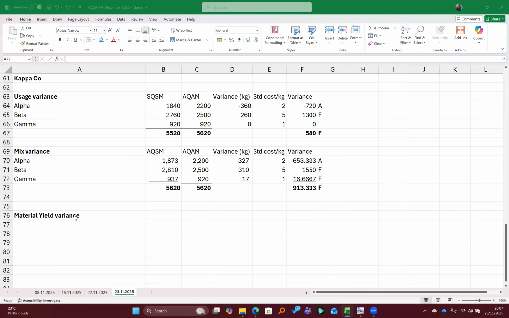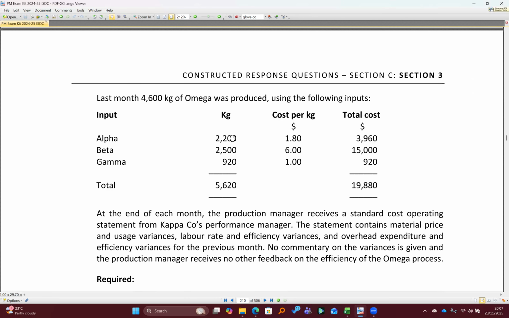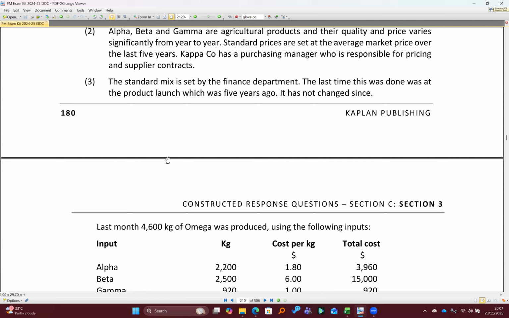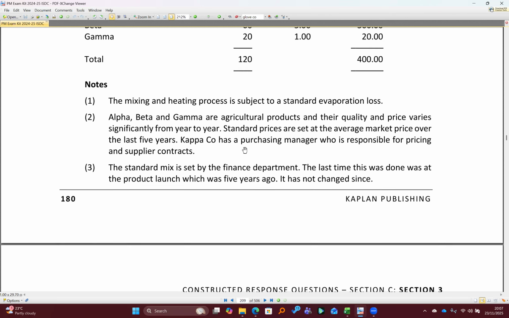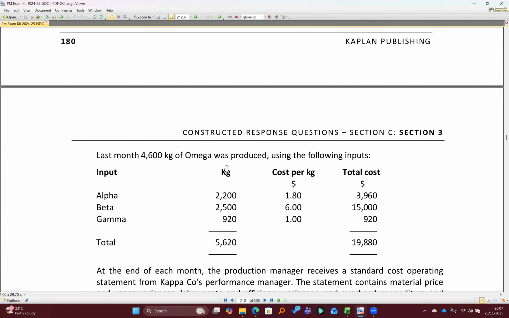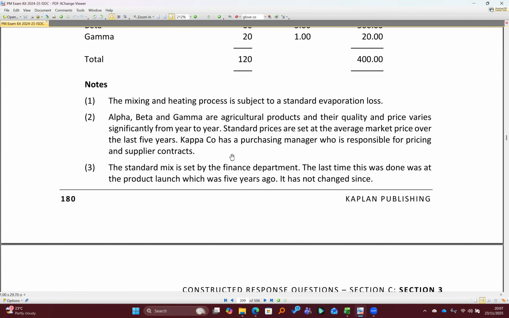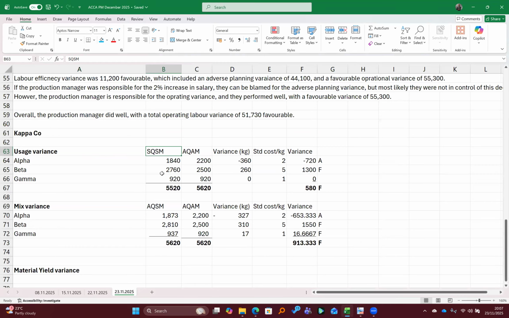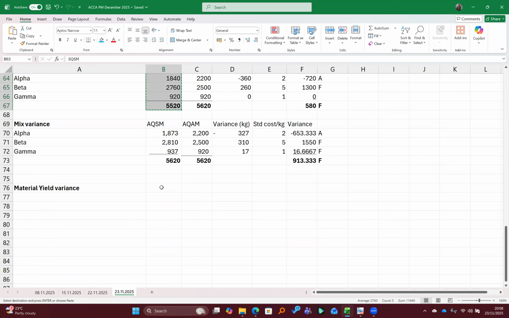So what we are saying is that if we wanted to produce 600 kilograms of omega using these proportions, what would be the input? So we compare with the standard quantity standard mix, and I'm just going to copy these ones.